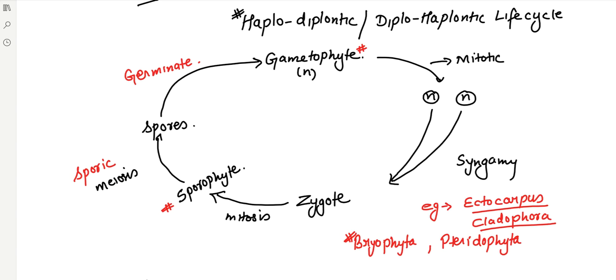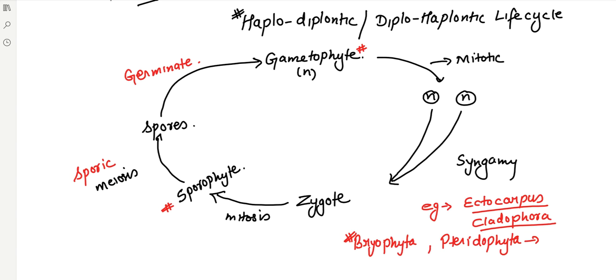The sporophyte will undergo meiosis to produce spores, which will form gametophyte, which will go under mitosis, which will form zygote, which will again form sporophyte. So I can say for pteridophyta, the life cycle should be diplohaplontic, and for bryophyta, the life cycle should be haplodiplontic. Is it clear?